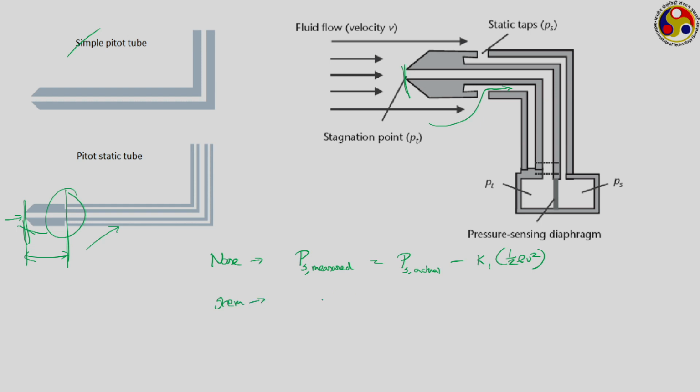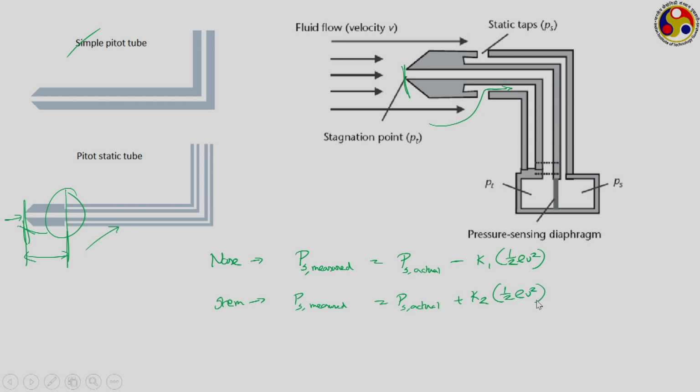Whereas, because of the effect of the stem, there is a reduction in velocity and an increase in pressure. Accordingly, the measured static pressure will be higher, related by some coefficient K2 times half rho v square.